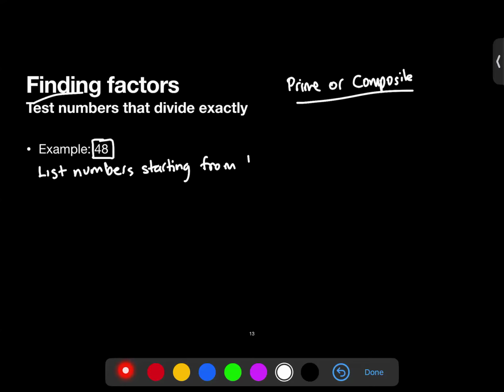So let's start with 1. 1 is divisible, 48 is divisible by 1, correct? Every number is divisible by 1. The next number we'll try is 2. So can someone tell me if 48 is divisible by 2?